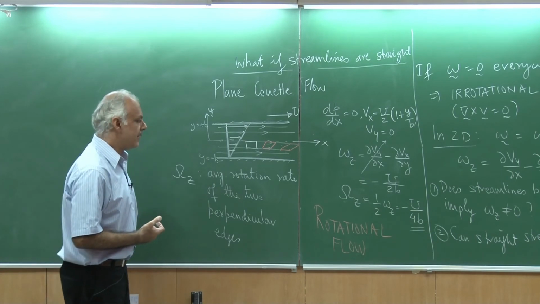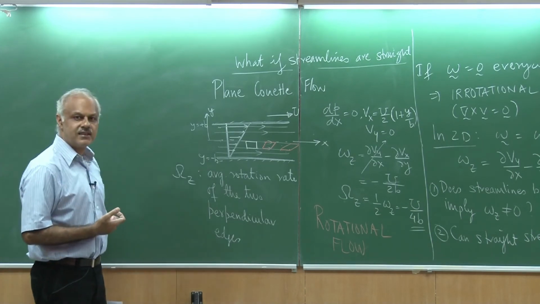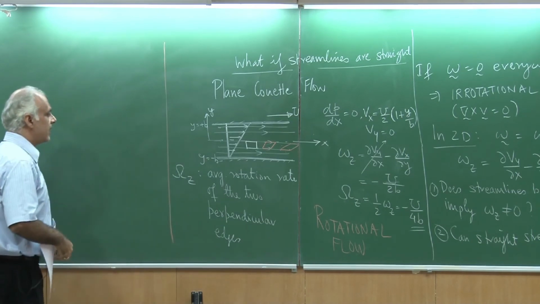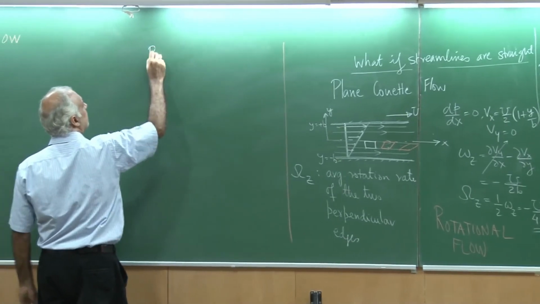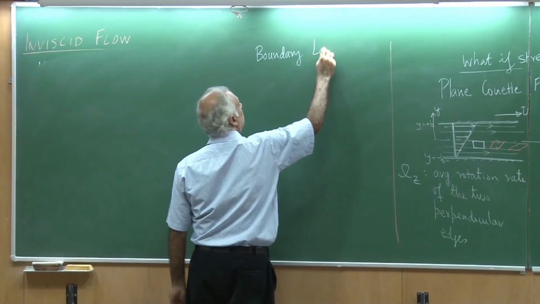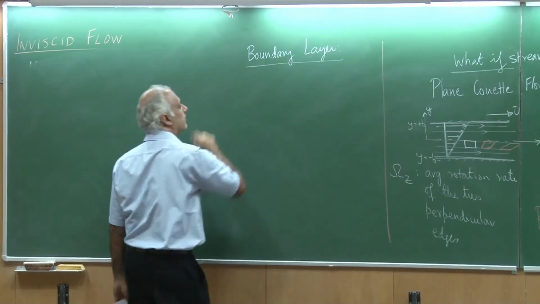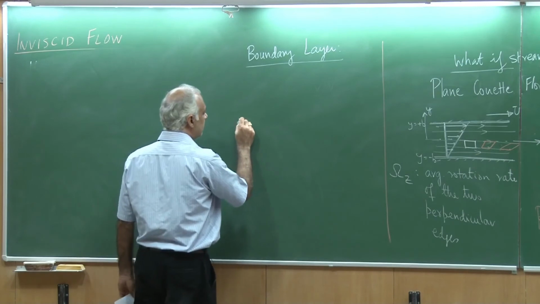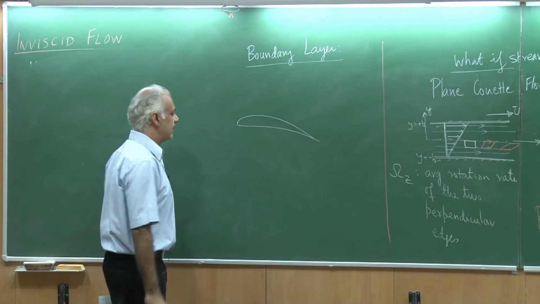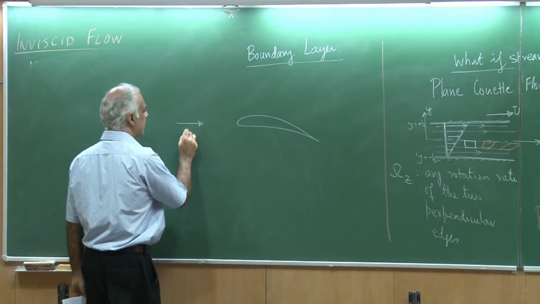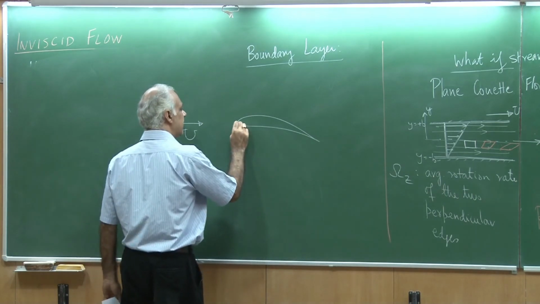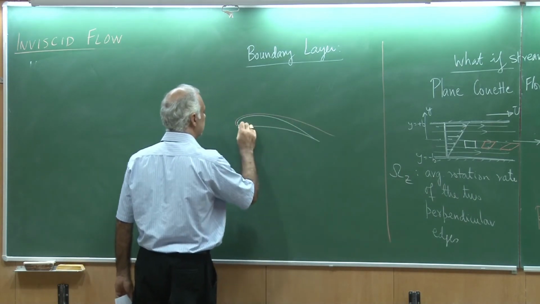You can ask similar questions about what happens inside a boundary layer. So, let us try to argue inside a boundary layer. If you recall from the previous session, we had taken flow past an airfoil. This was the free stream flow, and then we argued that we could decompose this flow into two parts.